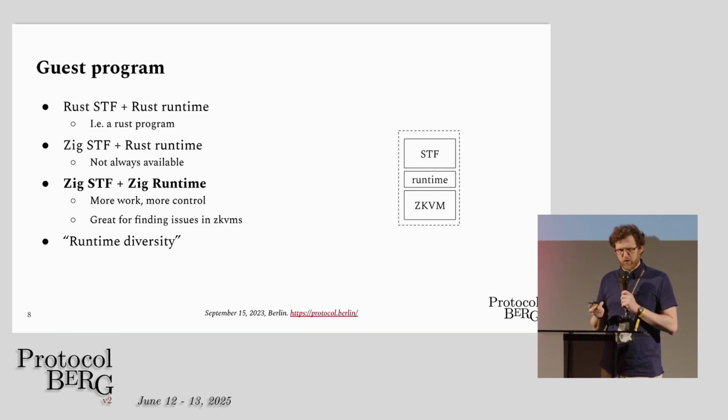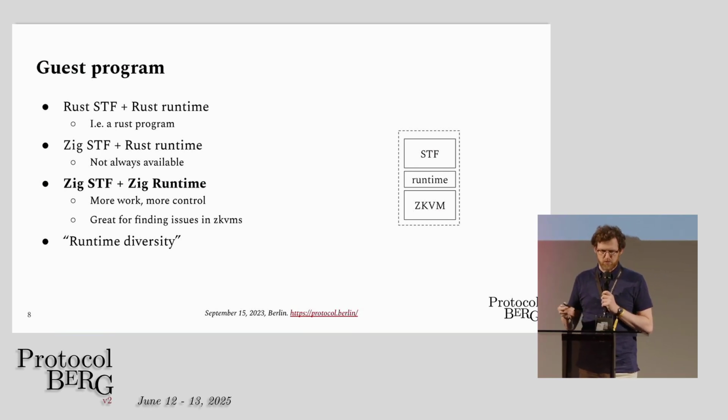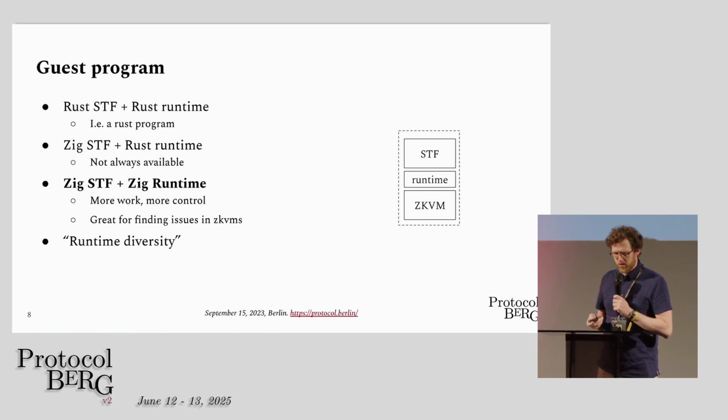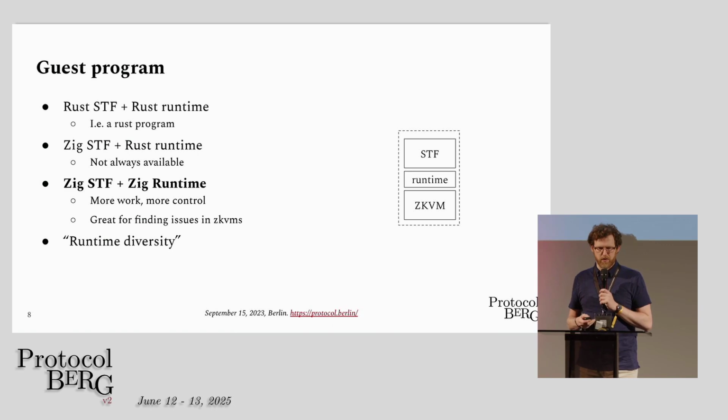First, it's not always available. You need to tinker a bit, do some cargo magic, and you're still a tributary of cargo, which I didn't really want because Zig has its own build system. So the approach that I chose was to rewrite the runtime in Zig as well, which was quite challenging, but also quite interesting because I found a lot of bugs in a lot of zkVMs.